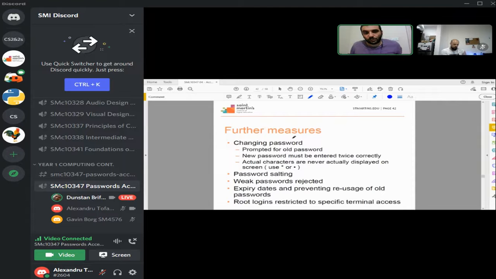So here, what do we say? It had issues of passwords, prompting for old passwords. New passwords must be entered twice correctly. Actual characters are never displayed on the screen. In fact, the Linux systems that we have today still do not show you what you are typing when you type a password. I don't know if you have something different, but at least the one I have is like this also.